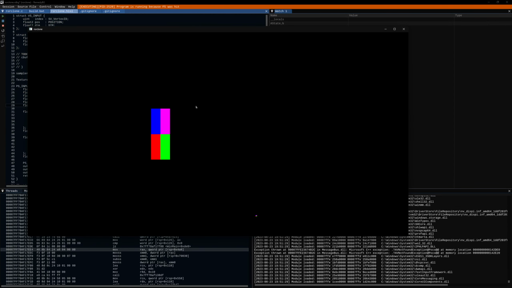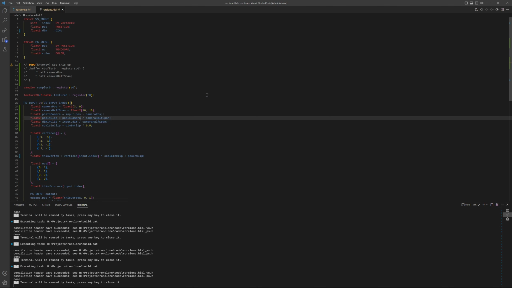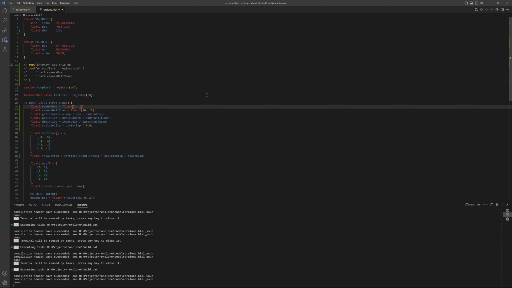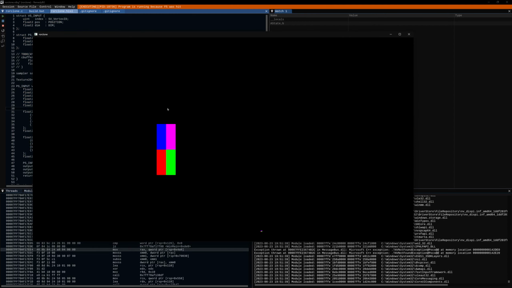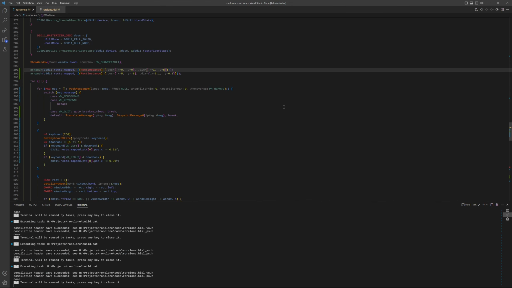Now it moved to the left, okay. And if we move the camera up a little, then the big rectangle should go down. It did go down, okay.